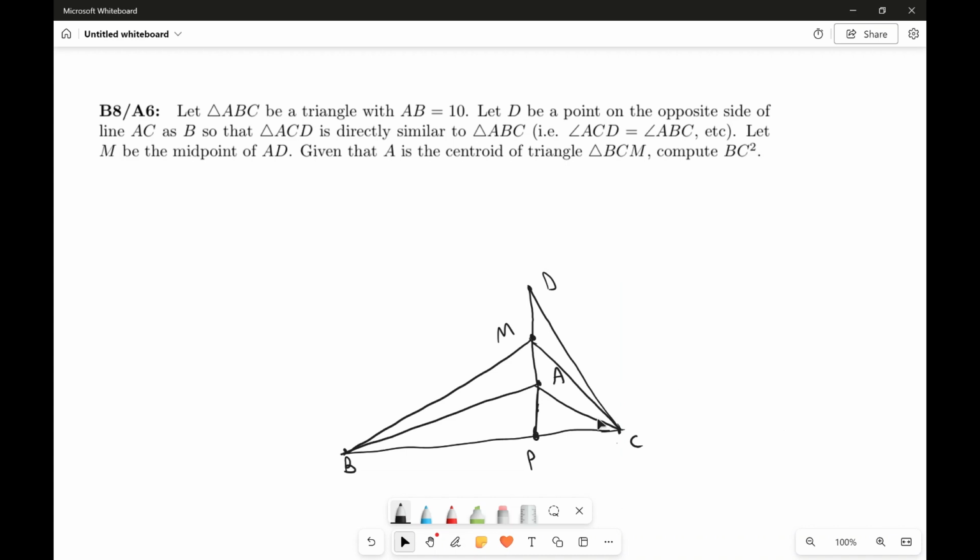So now that we know that CA is the external bisector of angle BAP, and that C lies on BP, we can use something called the external angle bisector theorem, which is very similar to the normal angle bisector theorem that you all know and love. And here's how it goes. The external angle bisector theorem states that when we have this external bisector, we have BC over CP is equal to BA over AP.